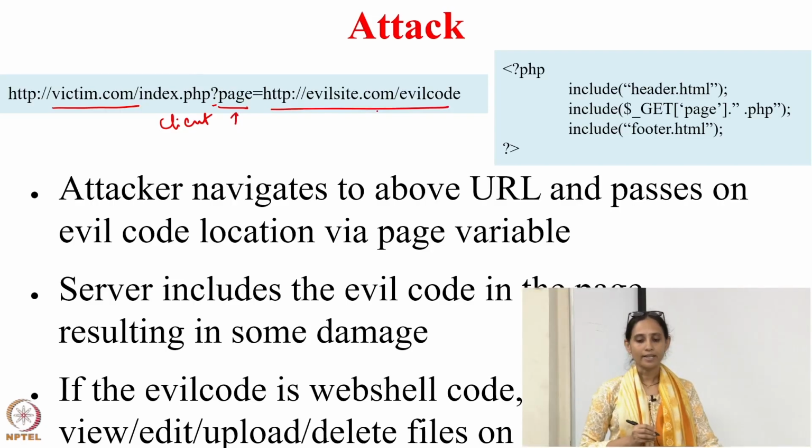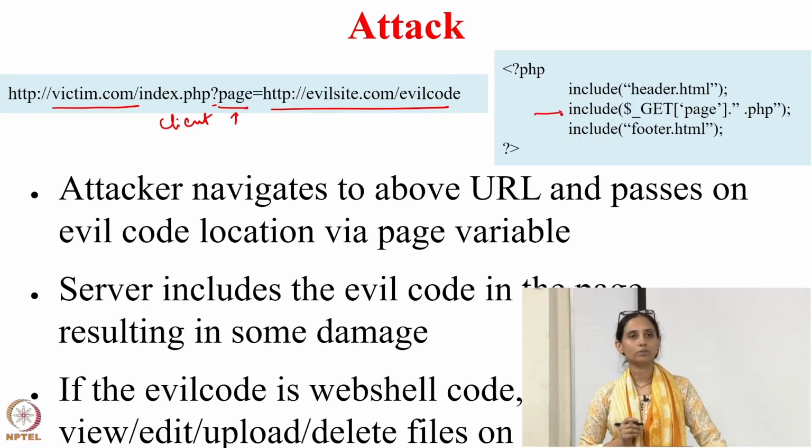So, it is basically telling it to include that file. So, if you do that, basically this page will take this input and it will take that evil.php from that particular location, and whatever is in that it is going to include here. And if this evilcode.php has some malicious content, that will get put in here. Okay, and then the PHP script will execute that PHP.